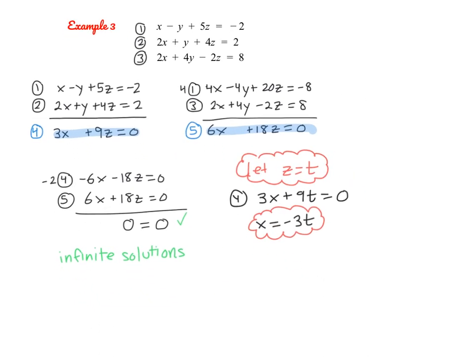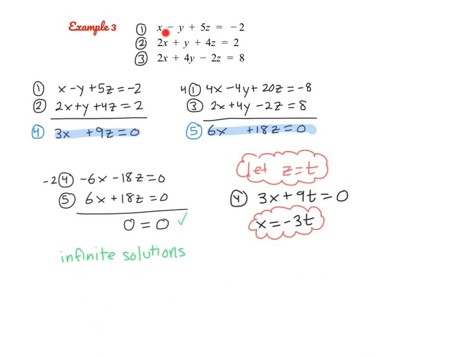And to find y, we're going to substitute both of these into one of our original 3. So I'll substitute them into equation 1. So here we have negative 3t for x minus y plus 5 times t for z equals negative 2.